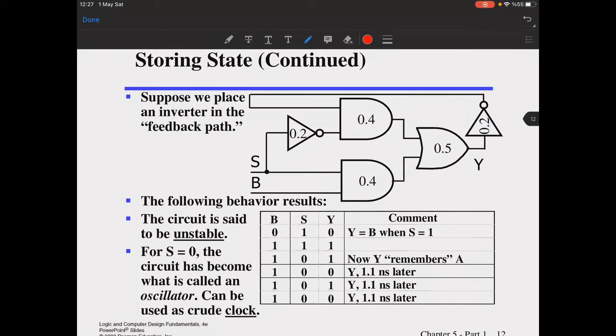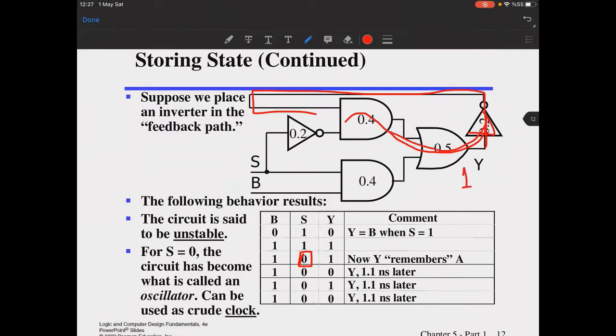Now suppose that you place an inverter in the feedback path here. Now, see, the circuit becomes pretty interesting because it starts oscillating in the remember state. Look at the length of delay in this path.